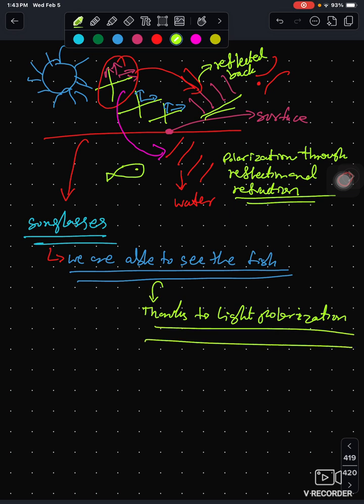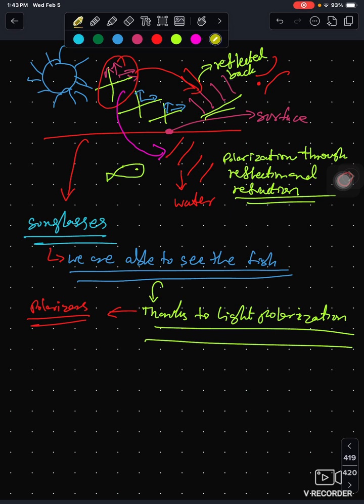Now, what do I mean by light polarization? In our sunglasses there are polarizers. I'm not sure if the polarizers are the same in both, but it should be the same, of course.